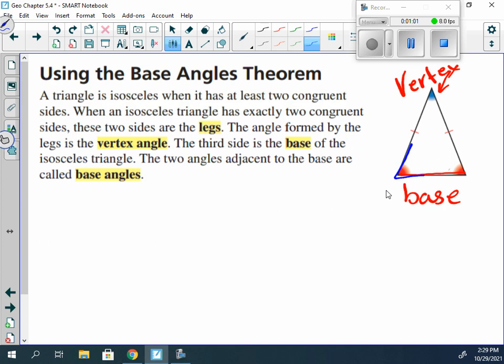The two angles that connect to the base are called base angles because they're connected to the base side of the triangle.